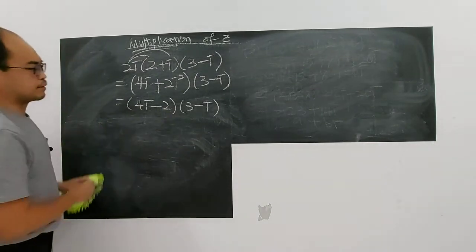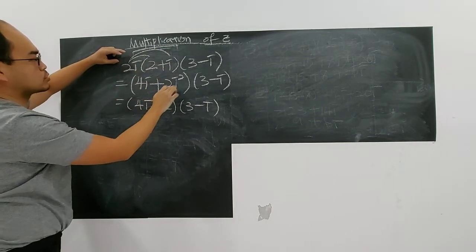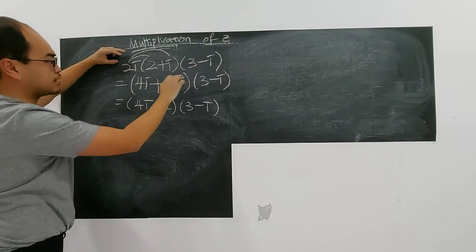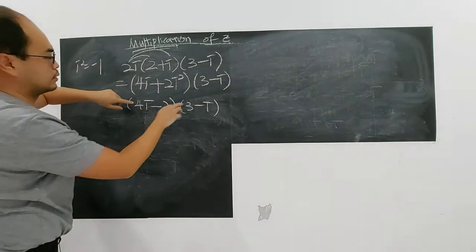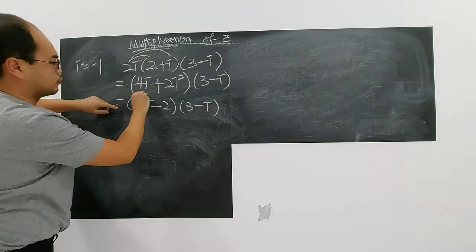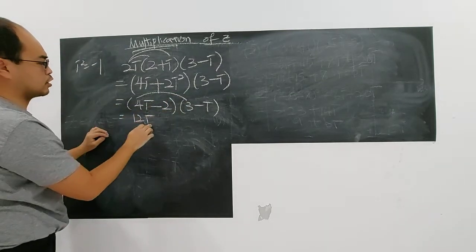Let's expand and check again. 4i minus 2, times 3 minus i. i squared is negative 1. So negative 2 times 3 is negative 6, and negative 2 times negative i is positive 2i. 4 times 3, 12i.